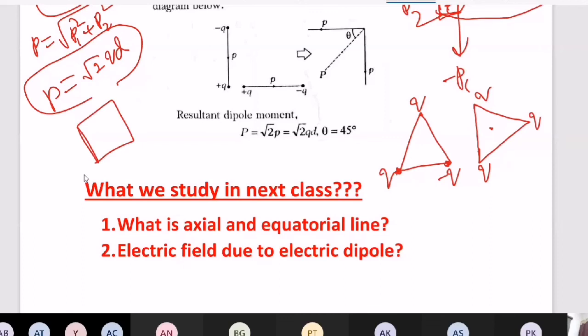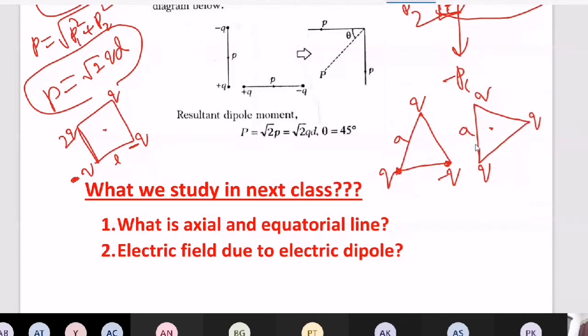And one more thing: if there is a square with four charges, this is 2q, this is q only, and this is minus q. Now, what is the field at the center, where the side length is L, or a, anything you take.